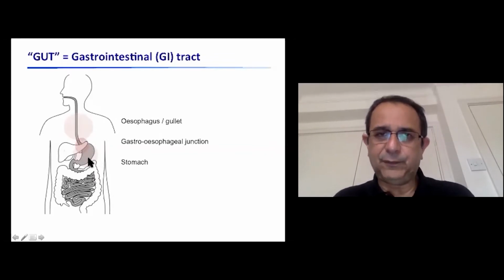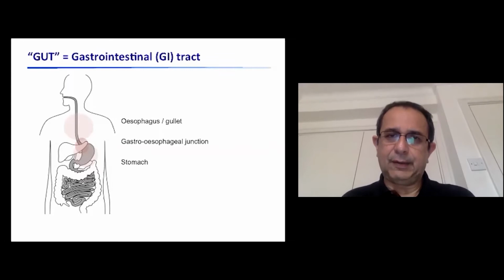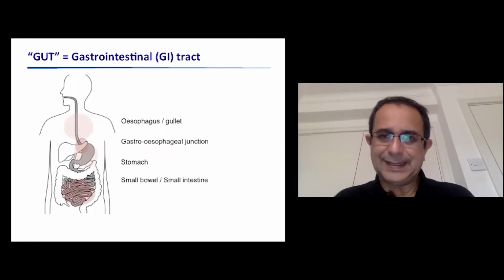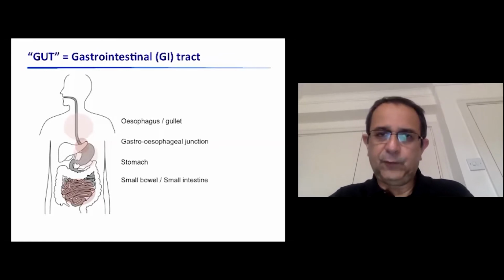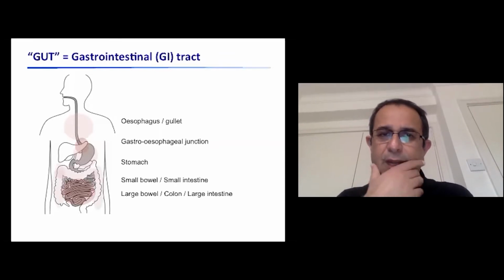It mixes the food with the stomach juices, particularly acid, to clean up the food and churn it into small pieces. These small pieces are then slowly moved down to the small bowel, or the small intestine as it's often called. This is where absorption of food and nutrients occurs, and everything that is left behind is the waste, which then goes into the large bowel.